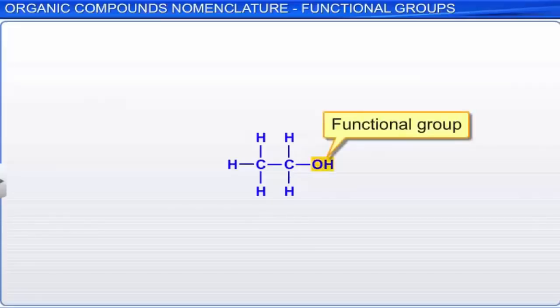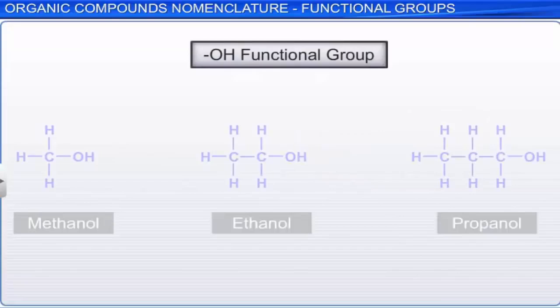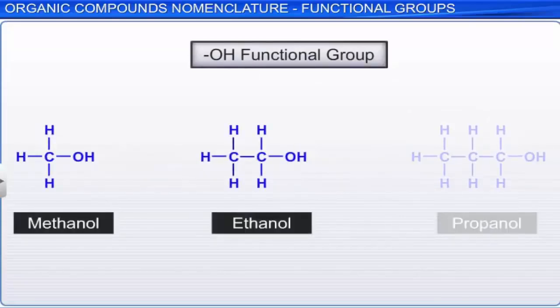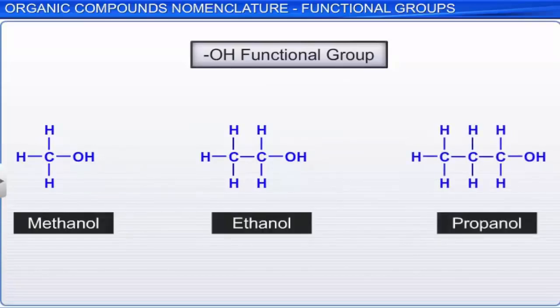We've learned that a functional group is an atom or a group of atoms present in a molecule, which determines the characteristic properties of the molecule. For example, methanol, ethanol, and propanol all contain the hydroxyl functional group.